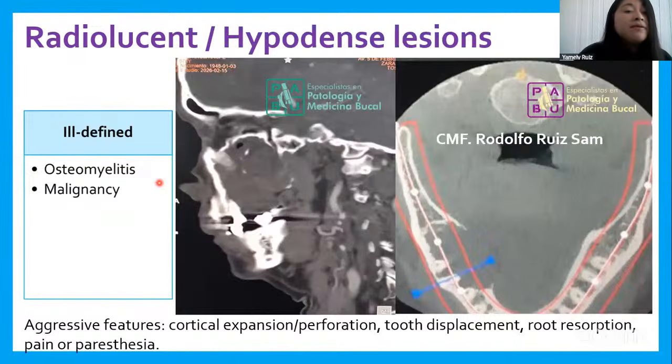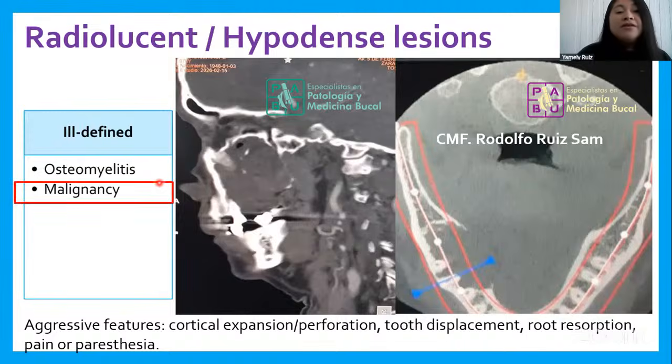And think of malignancy. If you see ill-defined borders plus aggressive features like cortical expansion, perforation, tooth displacement, root resorption, even some symptoms like pain or paresthesia, you maybe could think that the entity you are seeing is a malignant entity, like in this case.